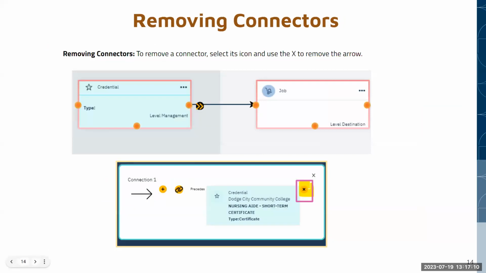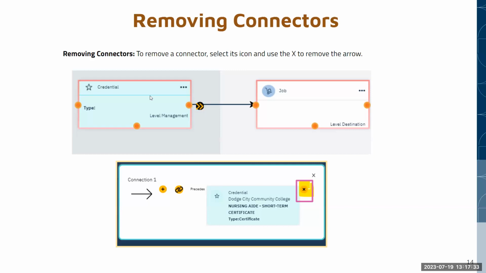Now, if you decide you want to rearrange things and you want to begin removing a connector or 2 or all of them, you can. To remove connectors, you're going to select the icon on the connector. And once you select the icon on the connector, it will provide a list of all of the connections.